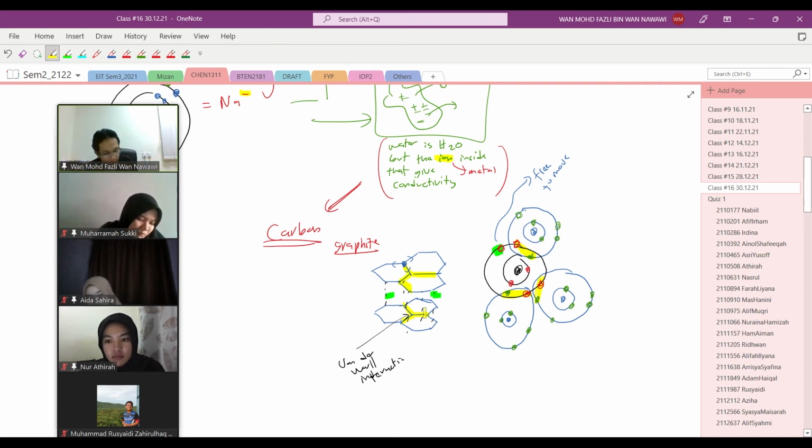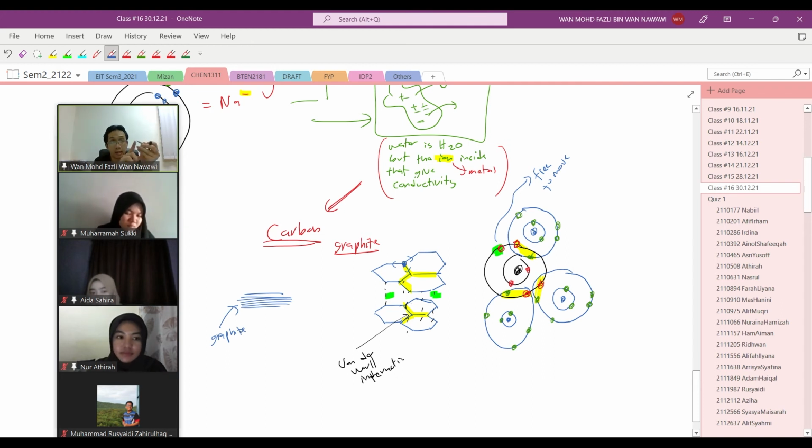Imagine there are a lot of layers, not just 2. There are many layers of graphite making this up. So when you write, the layers slide over each other, and you can see the graphite left on the paper. So that's about the properties of graphite, the sliding between the layers.